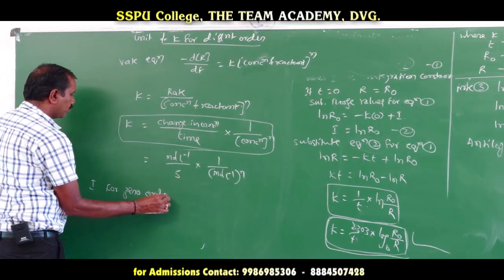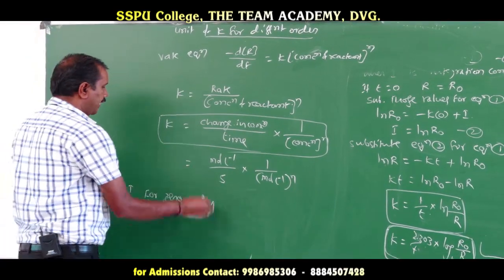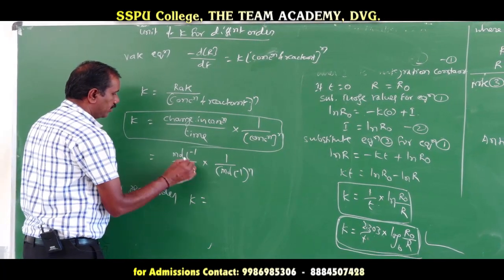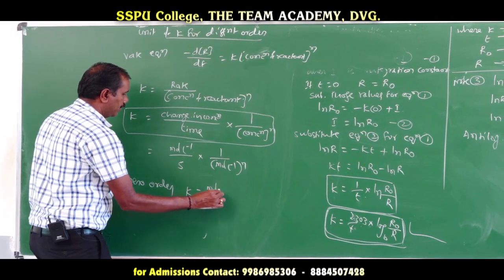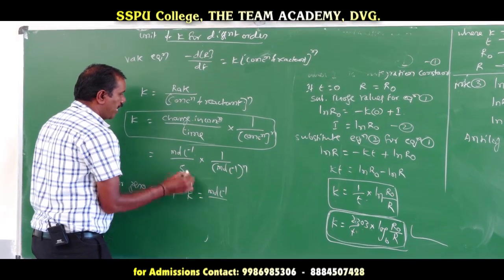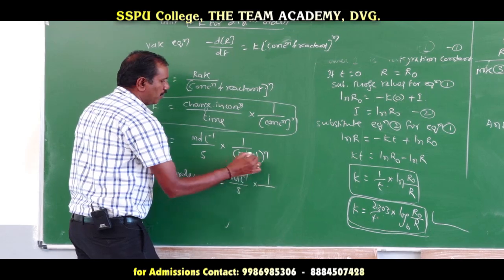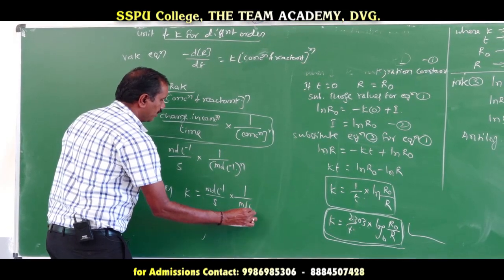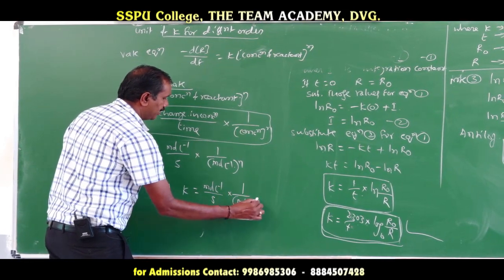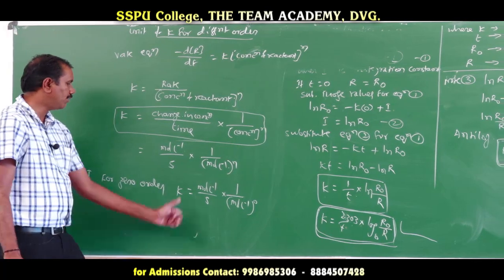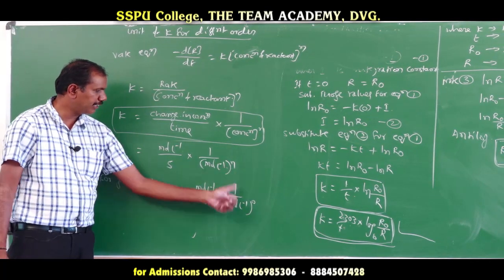For zero order, we may write K equals mole per liter divided by time in seconds, into 1 by mole per liter to the power of 0. Why? The order for that reaction is 0.